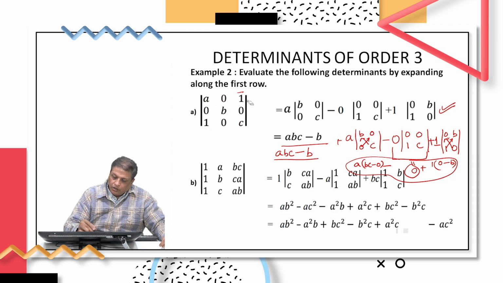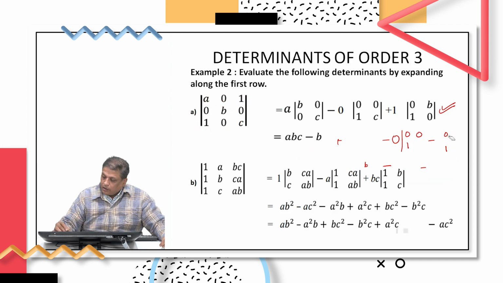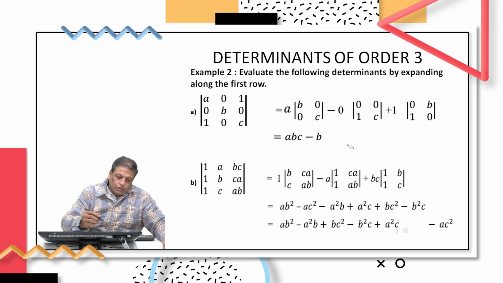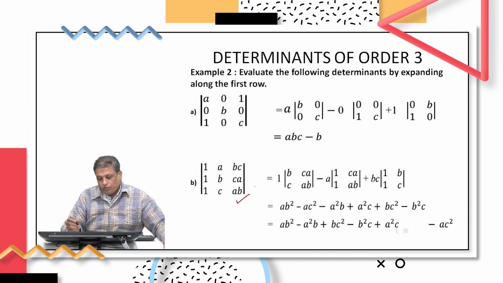determinant of order 3. Now applying the understanding of solving the determinant of order 3, you can solve this problem: 1, a, bc; 1, b, ca; 1, c, ab. So this is a determinant of order 3.